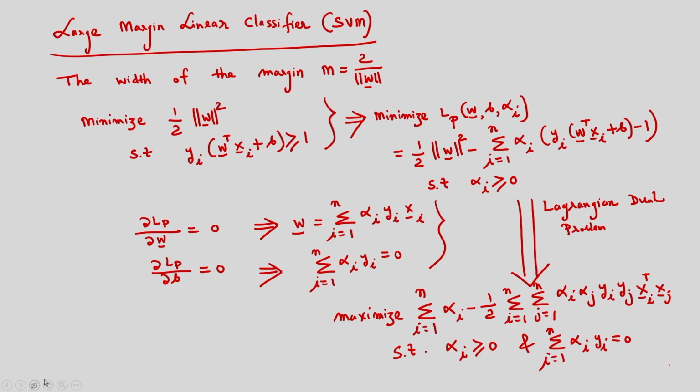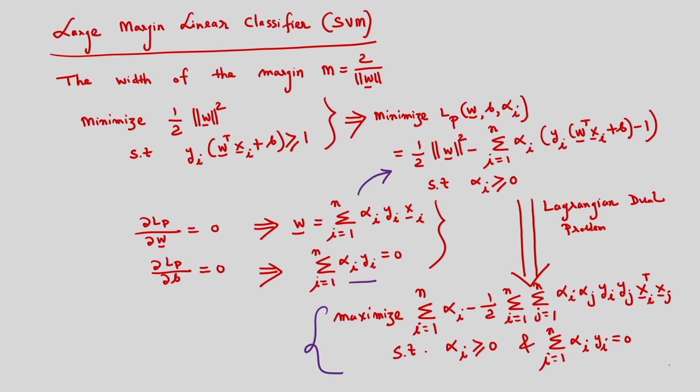So this we obtain like this. If I put the value of W here and consider the condition that summation of alpha i yi is equal to 0, then I will get this form, the Lagrangian dual problem.